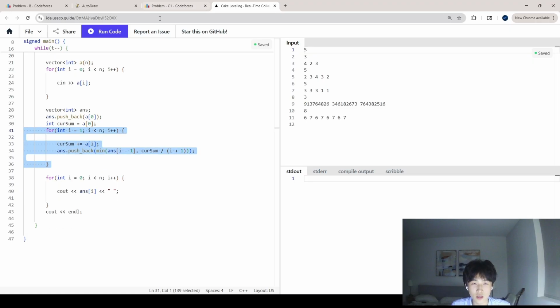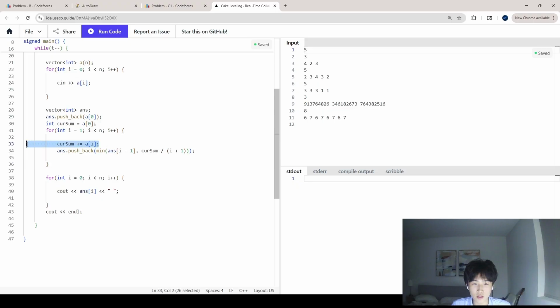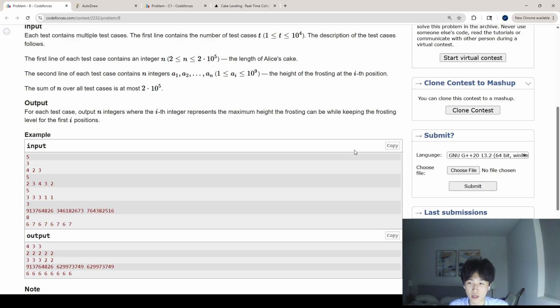From here, we can use the formula that we made, where we calculate the current running sum, and then we find the current answer, which is the minimum of the answer of the past index compared to the average of all the values. I don't put a floor function here because C++ truncates doubles and never rounds up, so I can just do this. And now I just print out my answer and the solution is complete.